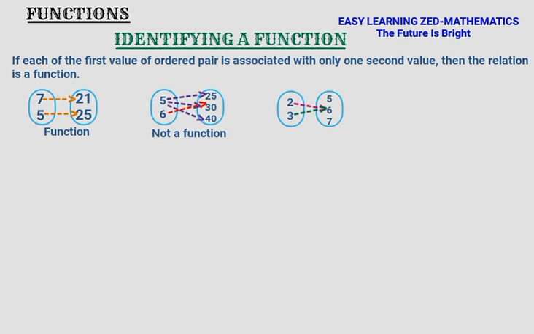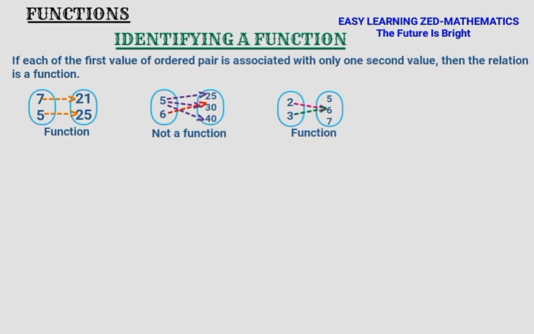Now, when we go to the definition, we are told that the first value of ordered pair is associated with only one second value. If you look at 2, it's just associated with 6. And you look at 3, it's just associated with 1, which is 6. So both numbers in the first set are just associated with 1 second value. Therefore, this relationship is a function.